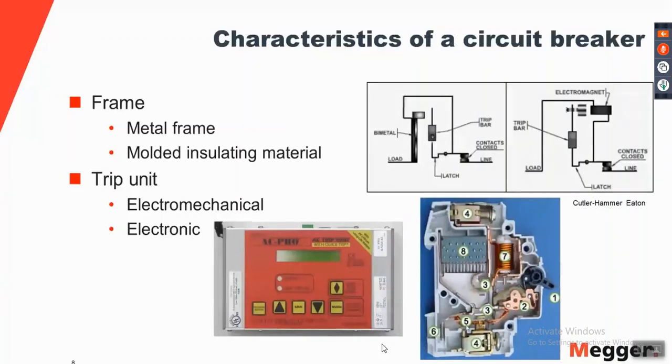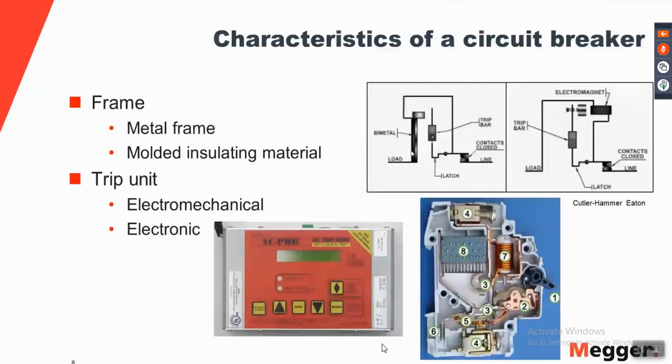The bimetallic strip is the thermal portion of the trip unit, and the electromagnet is the magnetic portion of the trip unit. So how do these 2 portions work? Let's look at the diagram to see how the thermal portion works. When you have a thermal overload condition, where a high current is flowing through the circuit, the bimetallic strip will heat up.